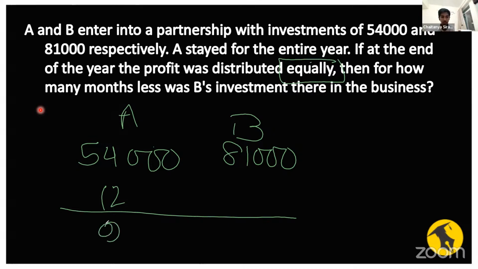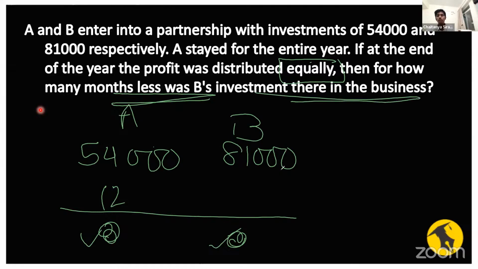So this person A got the same profit as person B. Then the question asks, how many months less was B's investment there in the business? So now we have to find for how many months was B there. The easiest way to do this question, since the profit is equal, 54,000 into 12 should be 81,000 into the number of months B stayed. Let's say it's X.